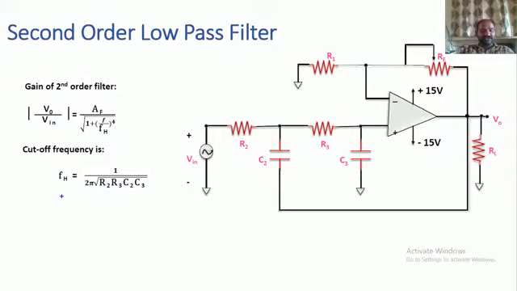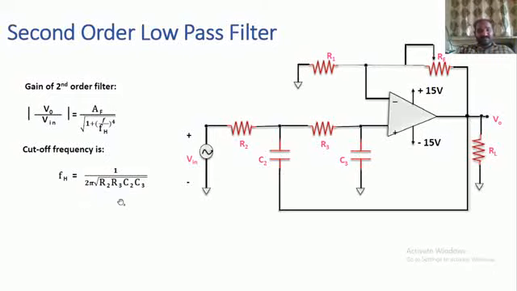FH equals 1 by 2 pi times the square root of... I don't have the pi symbol, so I'm simply writing pi. As we are taking equal values, the square root avoids.